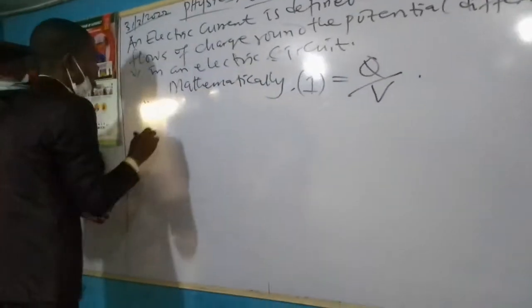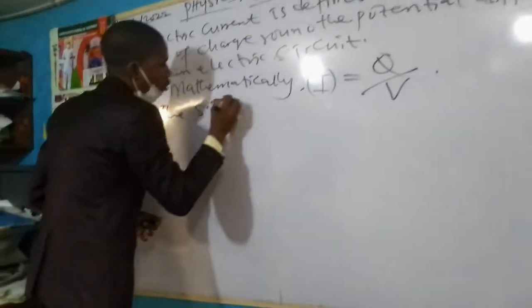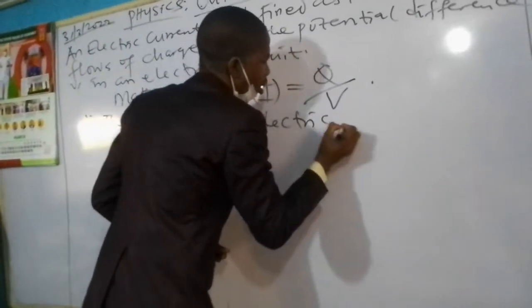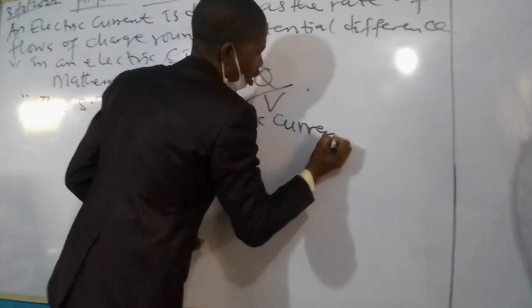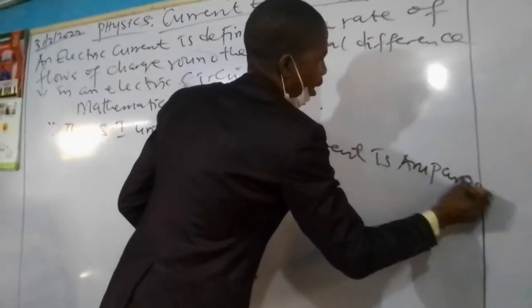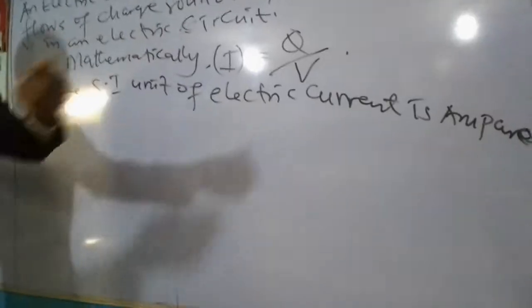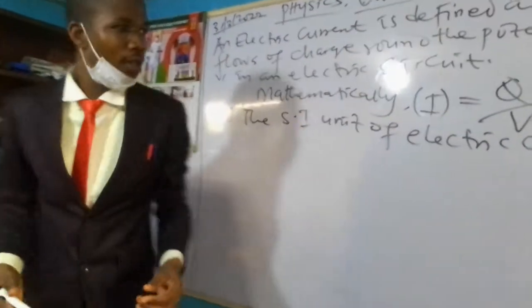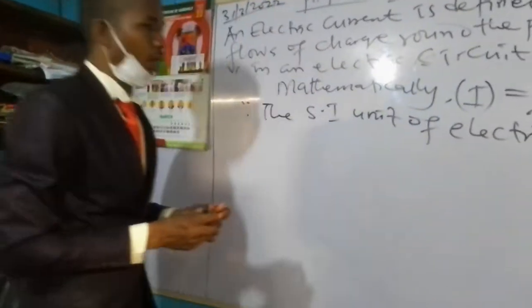Therefore, the SI unit of electric current is ampere. Electric current is measured in ampere. That is what we call the unit of an electric current.